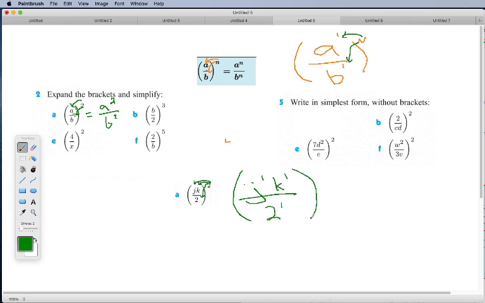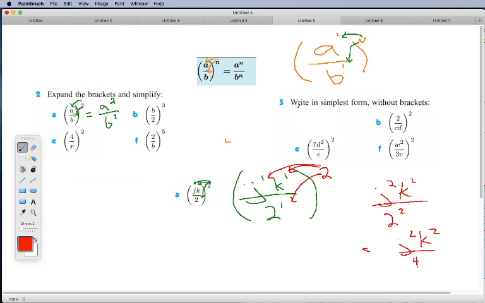And all this is to the power of this outside 2. He's going to come in here and multiply the 1 there, so we're going to get k squared. Going to come in here and multiply the 1 on the j, so we have j to the power of 2. And he's going to come in and multiply this 1 here, so we have 2 to the power of 2. And of course, you can simplify this a bit. It'll be j squared, k squared over 4.